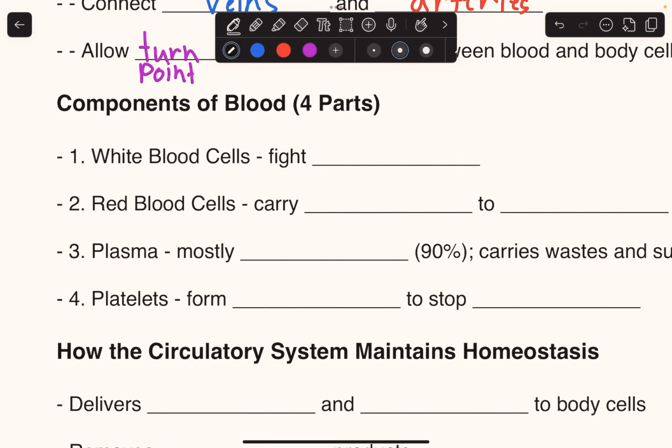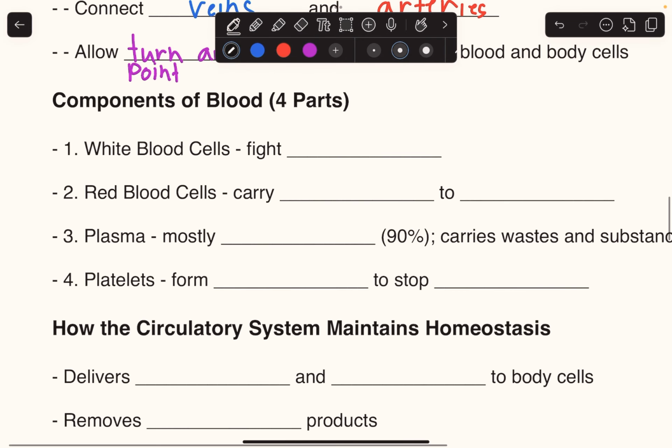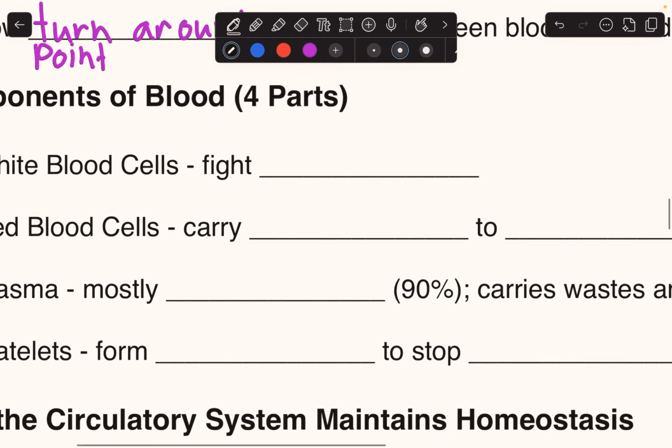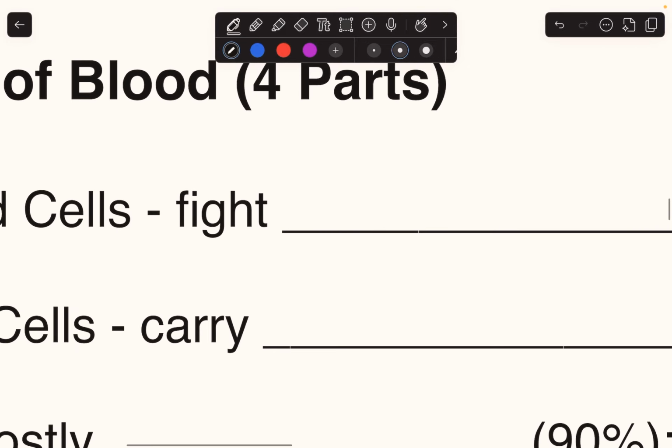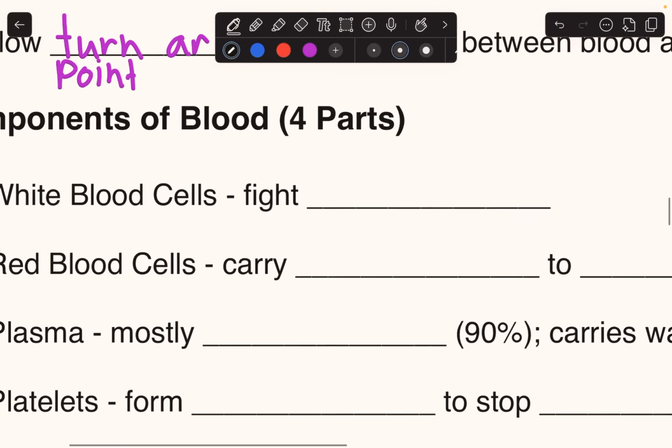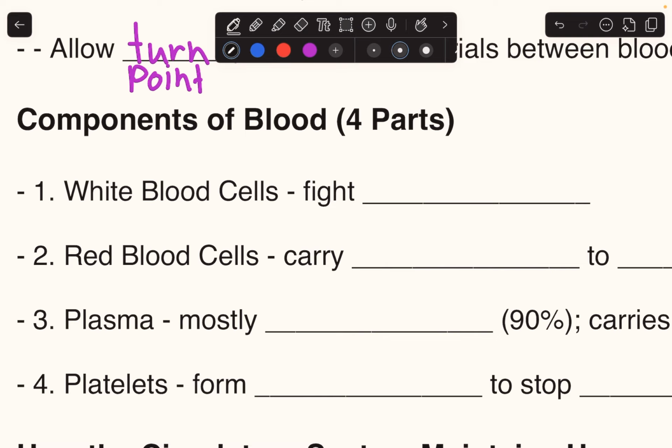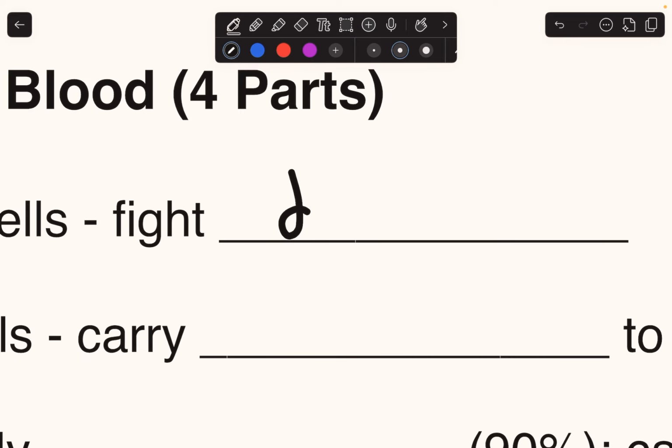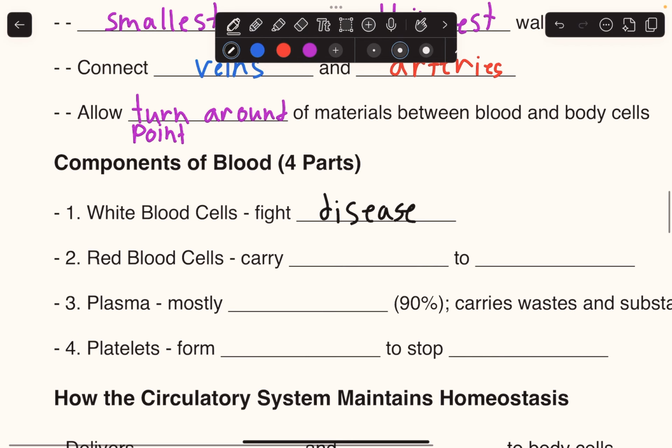Okay, now there's the different components of blood. There's 4 different parts of blood, like 4 different types. So first of all, we have white blood cells. These types of blood cells are the ones that fight against diseases. So I'll go ahead and write that.